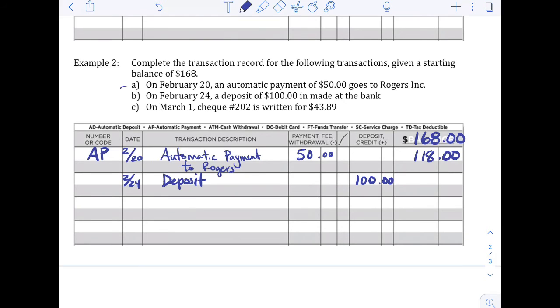Good sign for us. In this case, maybe it will say something like DEP for deposit. That's our code. Now I need to find my new balance at the end. So I had $118 in my account. I added 100. Now we're at $218.